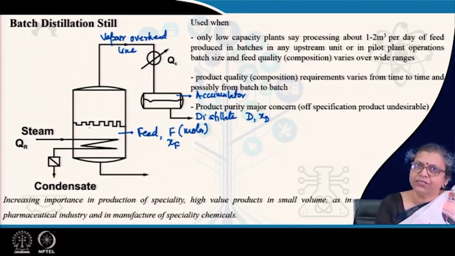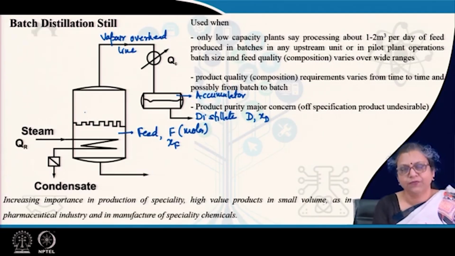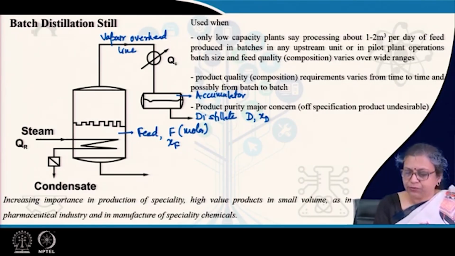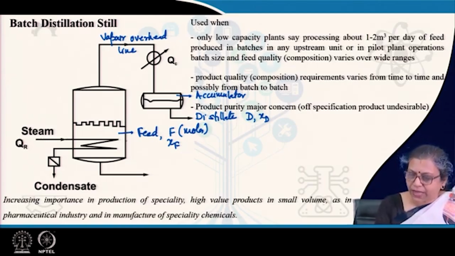The feed becomes richer in the less volatile component. So naturally with time the distillate also becomes richer in the less volatile component, or what I mean to say is that the distillate composition, along with the feed composition, keeps on varying with time.